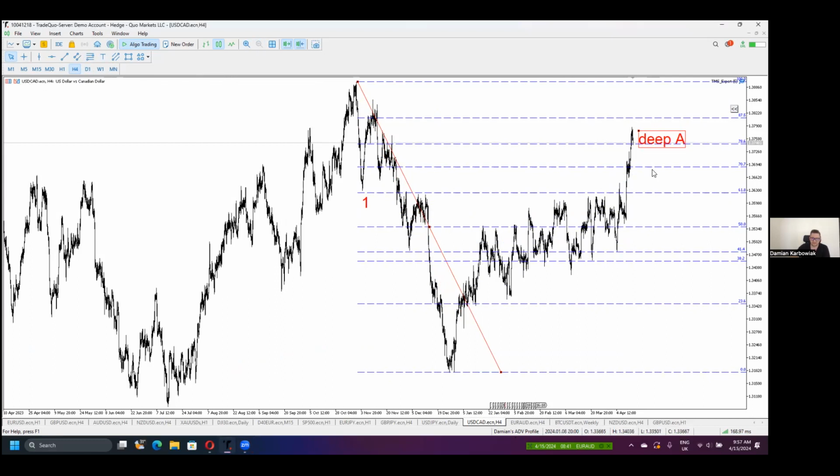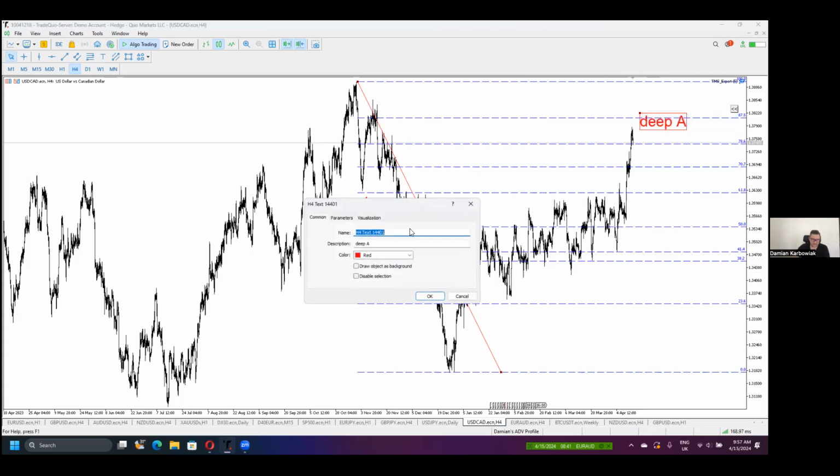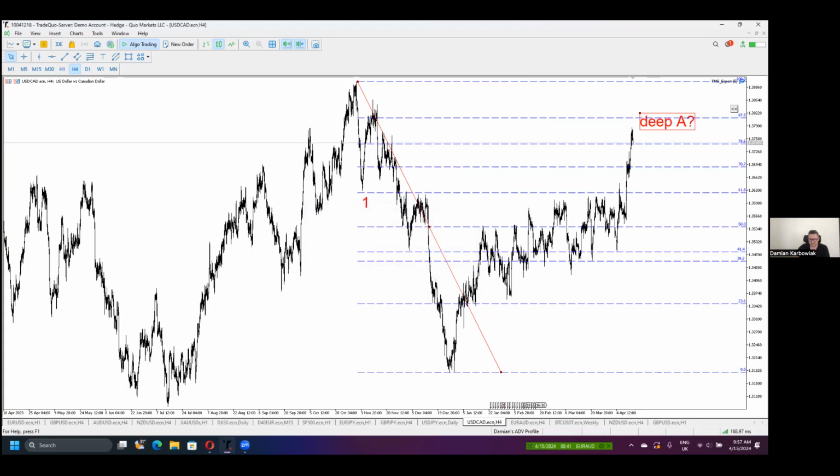That means that the price should go up. However, it's still one ABC, but all of this ABC became a deep A because the price touched the level of at least 70.7. Right now, they touched the 78.6.